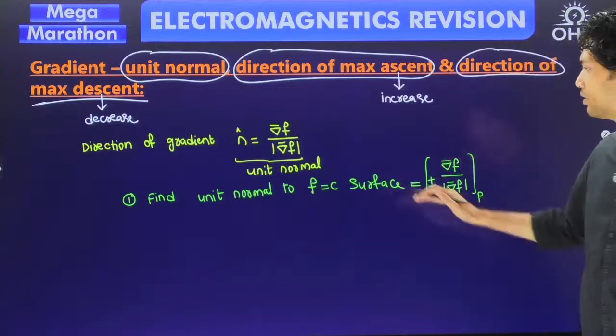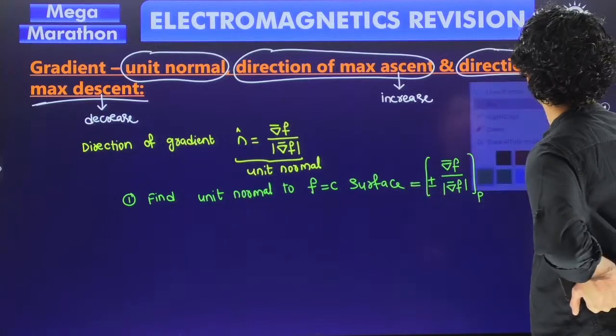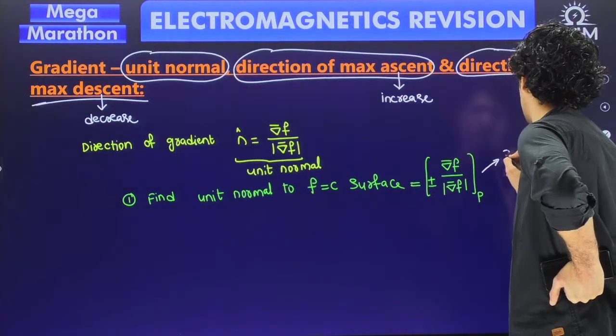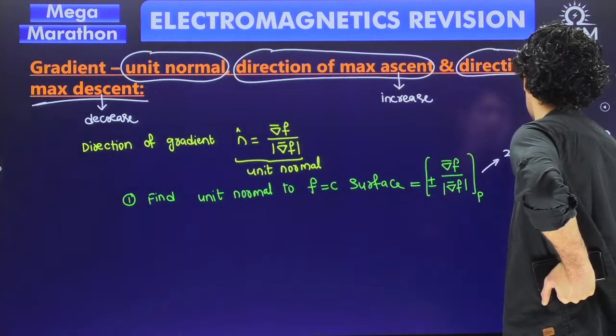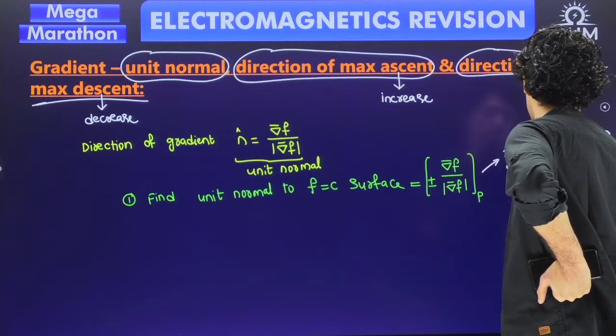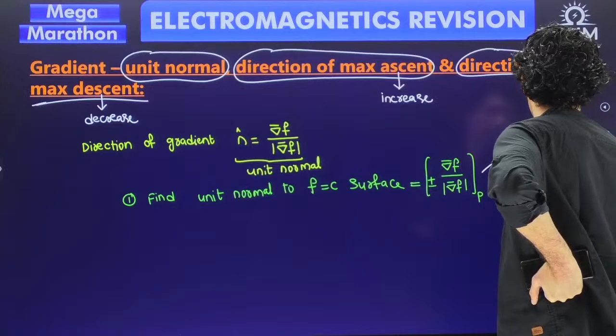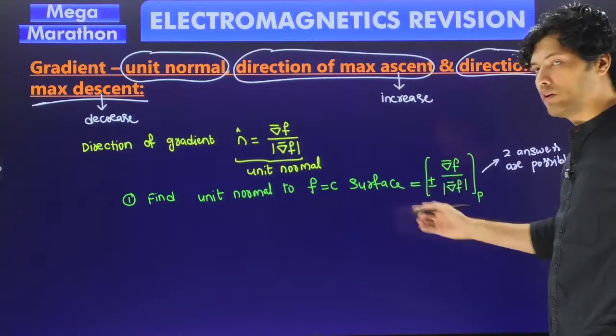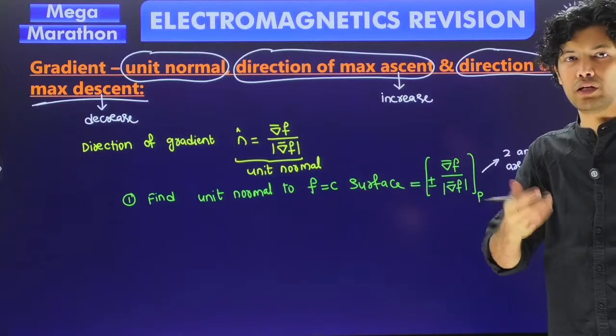But please notice there are two possible answers, both the positive as well as negative. Positive vector is one direction, negative vector is exactly the opposite direction, and is also normal to the surface.